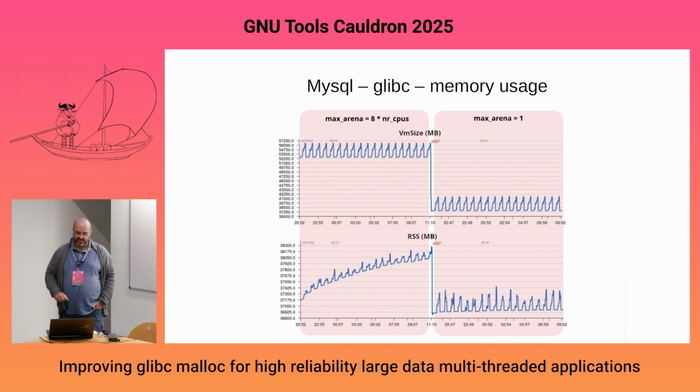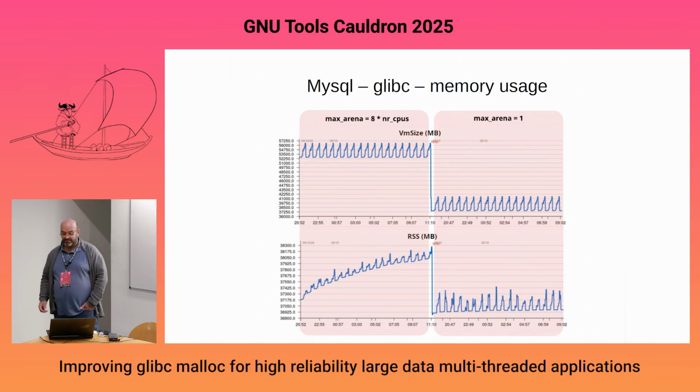And in the many experiments I did, enabling, disabling T-caches, changing a lot of the tunable parameters in glibc, I got to the conclusion that, yeah, max arena equal 1 would actually show different results.